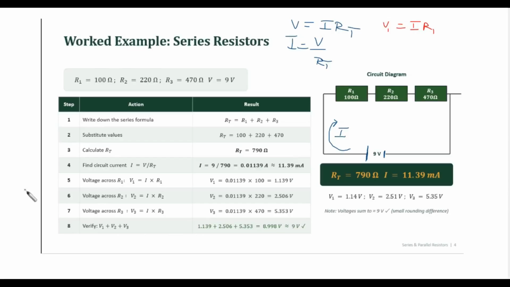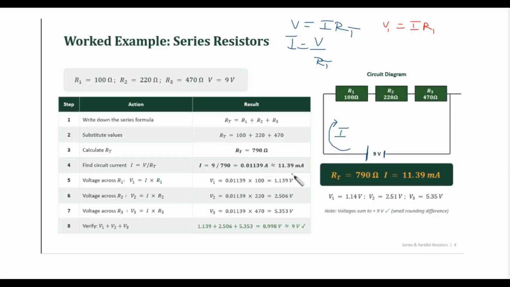The current flowing is still the same current, I. If you calculate I, you're going to have the total current, 0.01139 amperes. If you convert that to milliamperes, that's about 11 milliamperes. I'm sure that conversion is a simple thing to do.